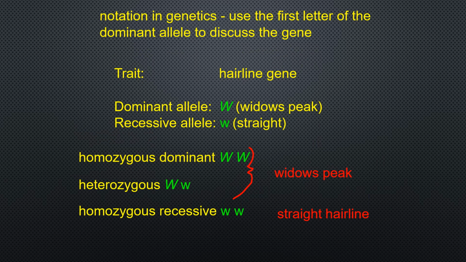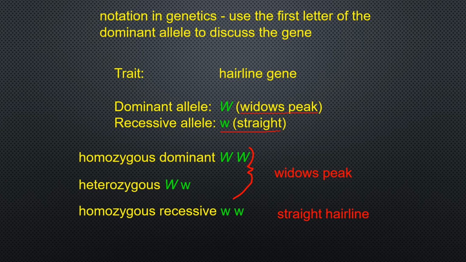Okay, so when we're going to write these things down, how do we denote them when we're trying to describe these to people? When we do notation in genetics, we use the first letter of the dominant allele to talk about the gene. So our trait is our hairline gene. The dominant allele we said was the widow's peak, whereas the recessive allele is the straight hairline.